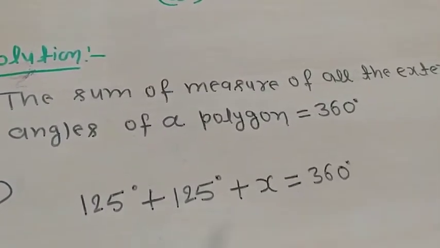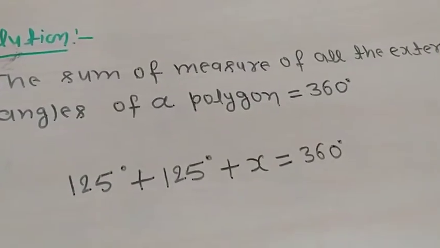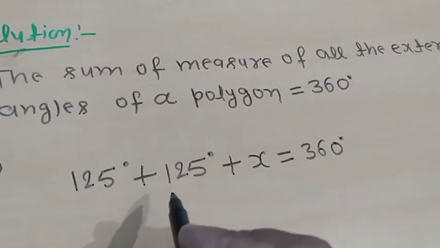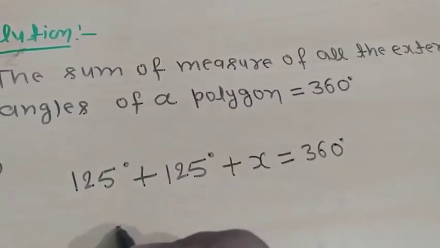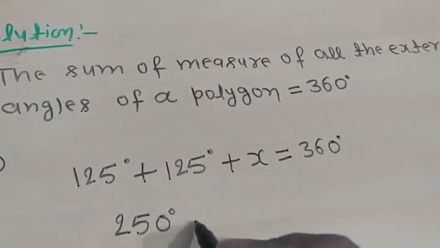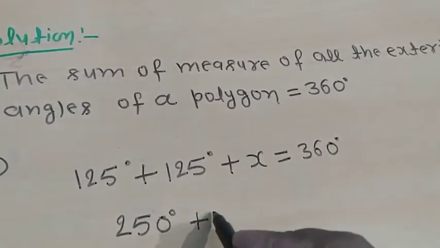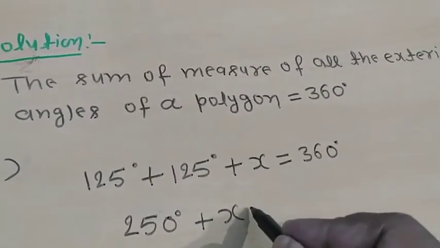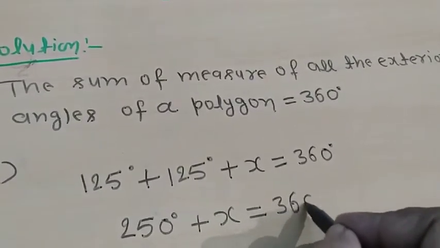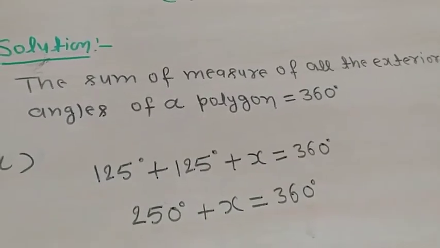Now 125 plus 125 is equal to 250 degrees, clear, plus x is equal to 360 degrees.